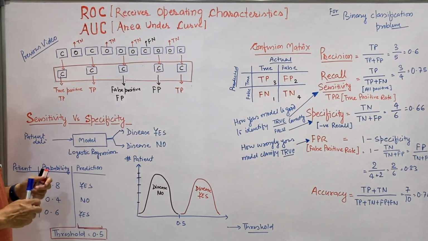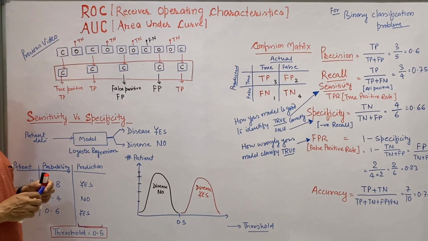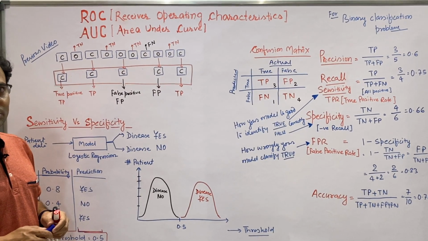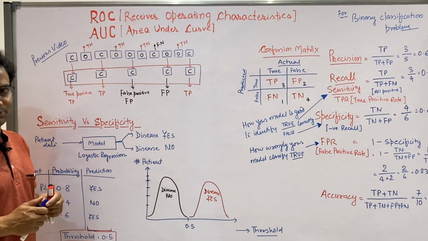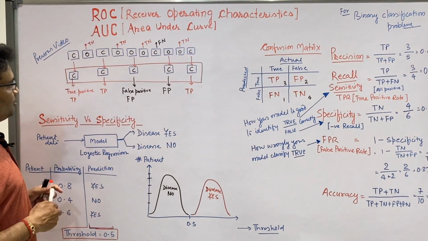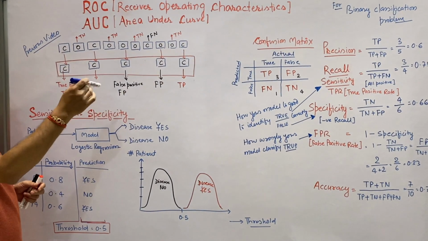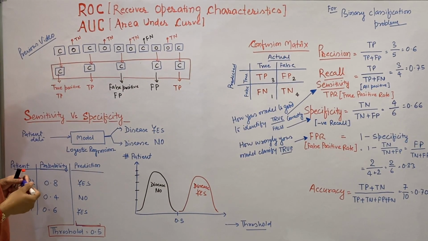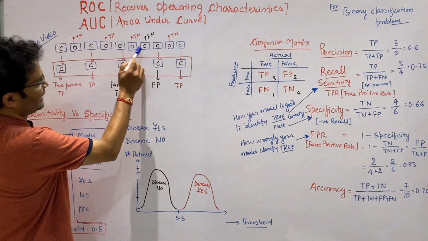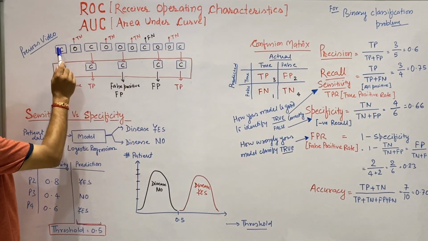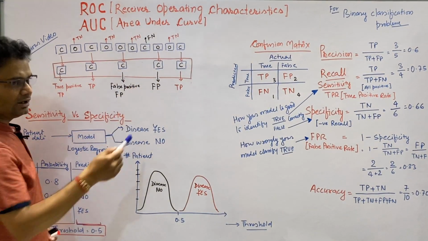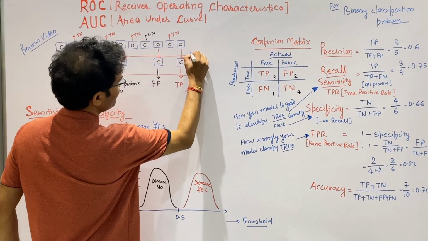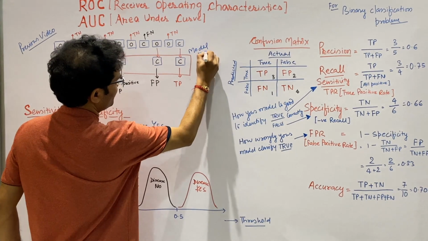Suppose you have a machine learning model. The model does its work depending upon the input, such as image or text data. For the time being, suppose this is the image. You have 10 animals, and out of these 10 animals, 4 are cats. You pass this data into your model.